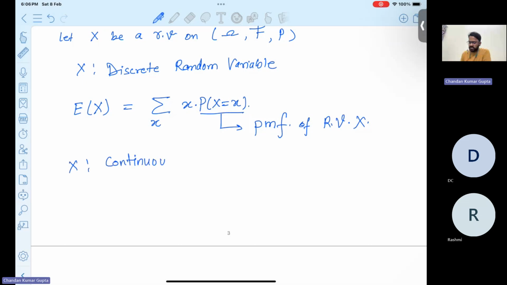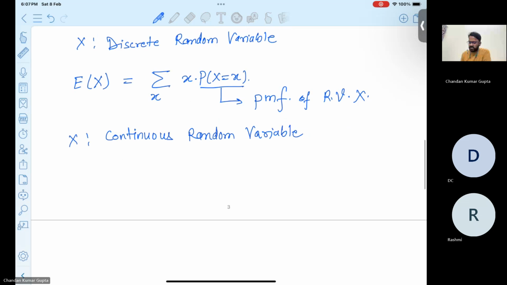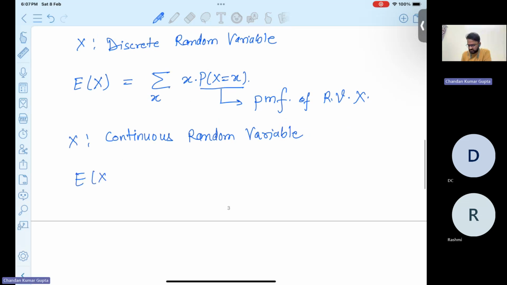Also, if X is a continuous random variable, then we define the expected value of X by replacing the summation with the integral sign: integral of x into f(x) dx.